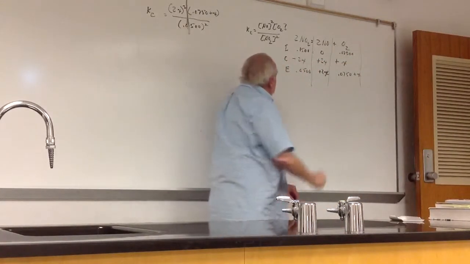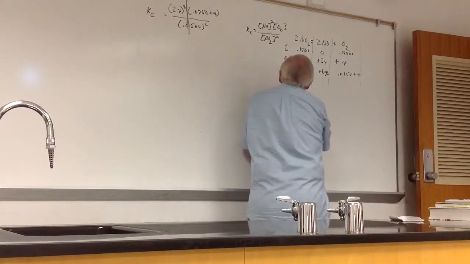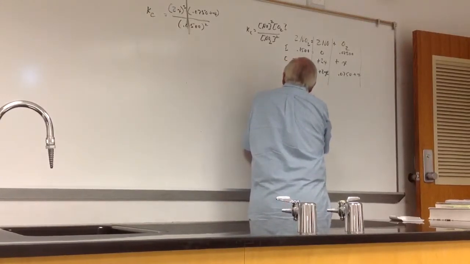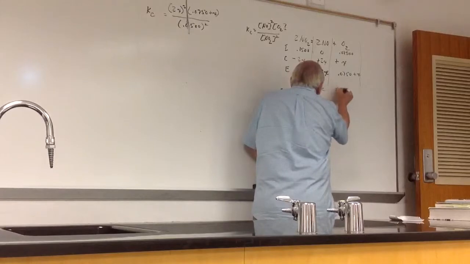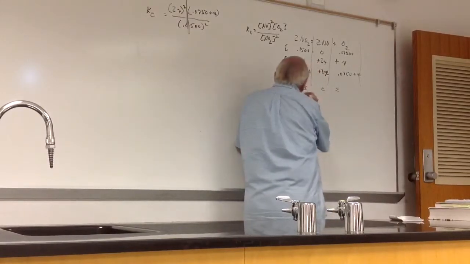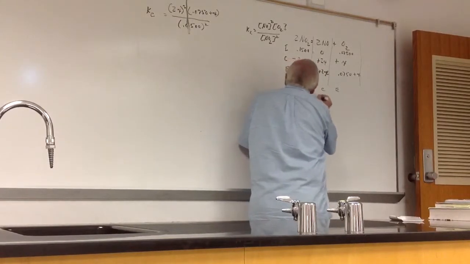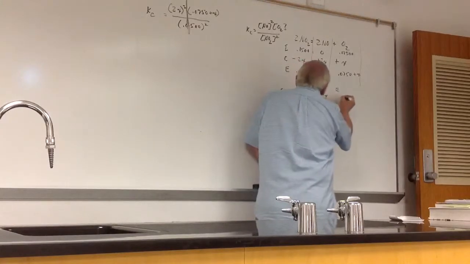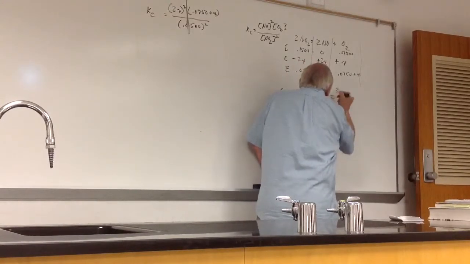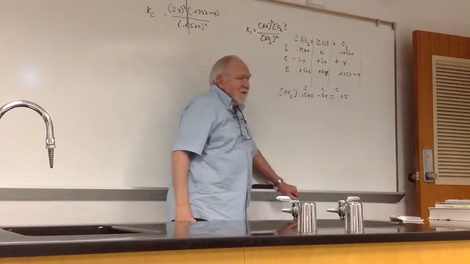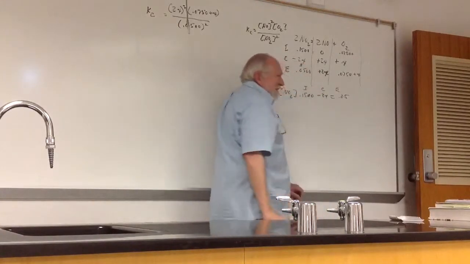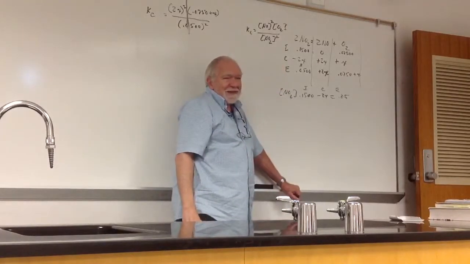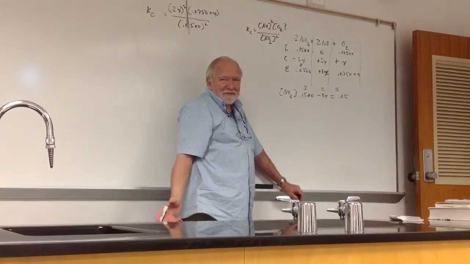Other books are going to say concentration of NO2 is going to be, and then they'll do the ICE this way because it looks more like an equation. So it would be 0.1500 minus 2x, 0.05, and there's your equals. That's the way your book wants you to think about it.